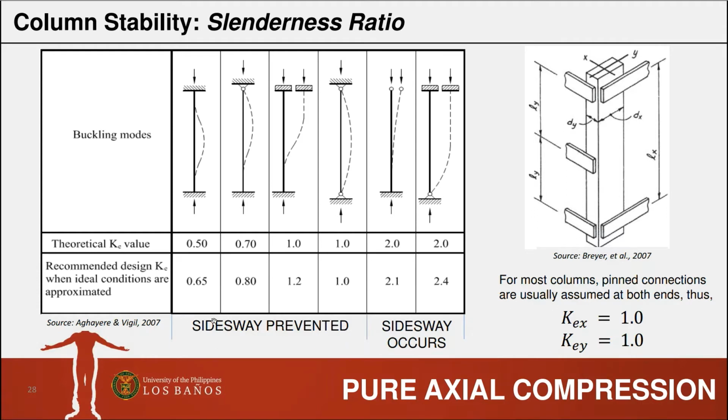For the first four conditions, side sway is prevented. Meanwhile, for the last two conditions, side sway occurs. Now, for most columns, pin connections are usually assumed at both ends. Thus, the values of K sub E x and K sub E y are both 1.0.